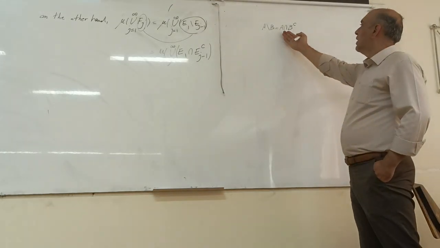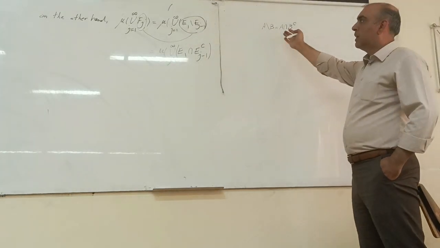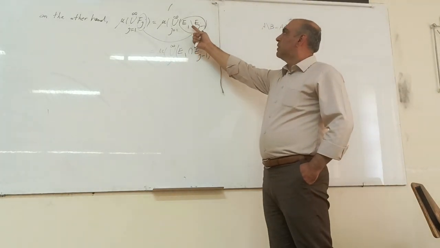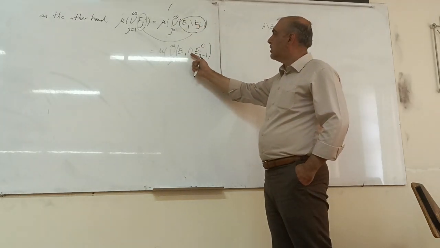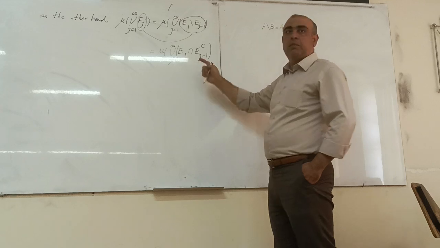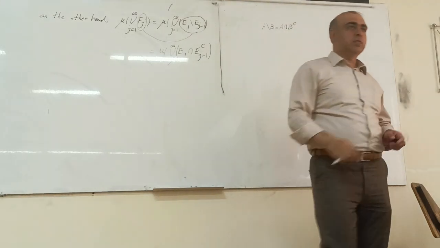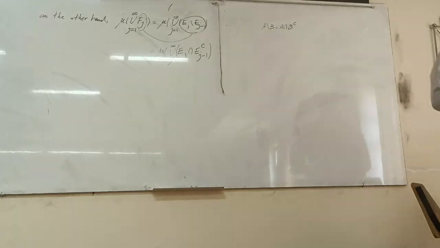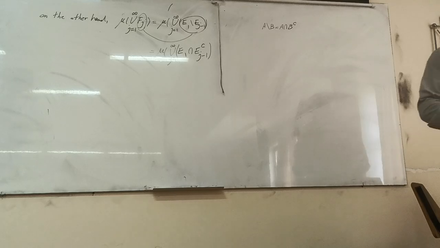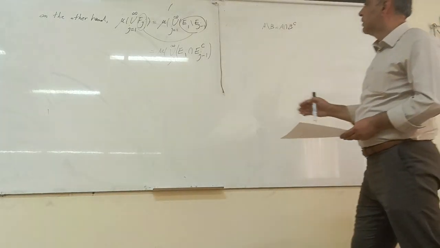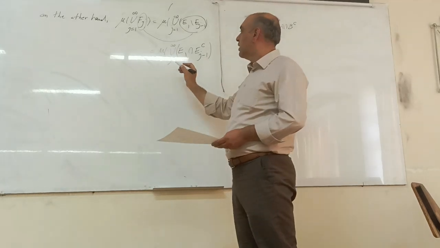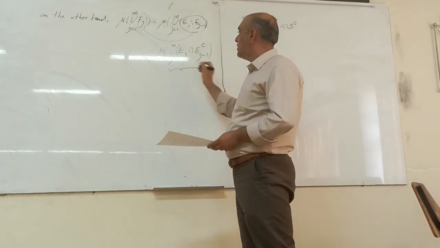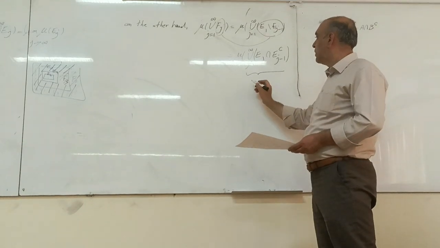A intersect B complement. Ej difference Ej minus 1 means Ej intersect Ej minus 1 complement. We can write this union in this mode.